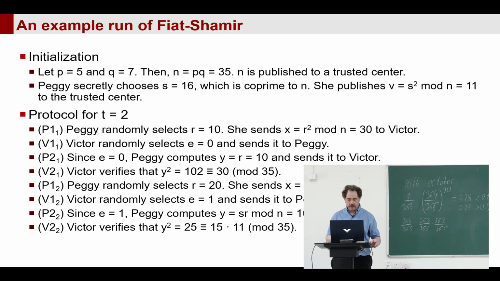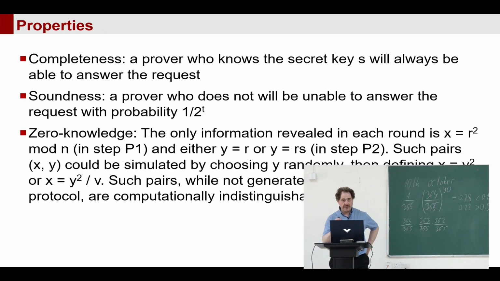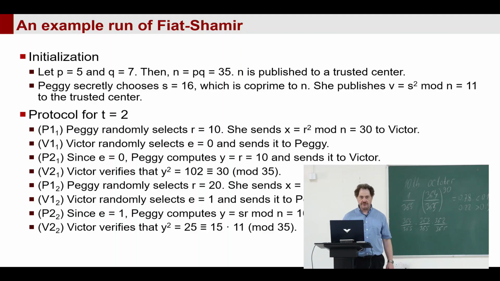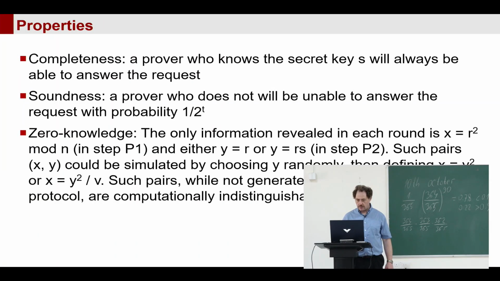If e is equal to 1, Peggy would not be able to correctly compute the answer. So the probability of failing in one iteration is again half. And the zero knowledge: at no step does Peggy disclose s itself. So the secret is safe.